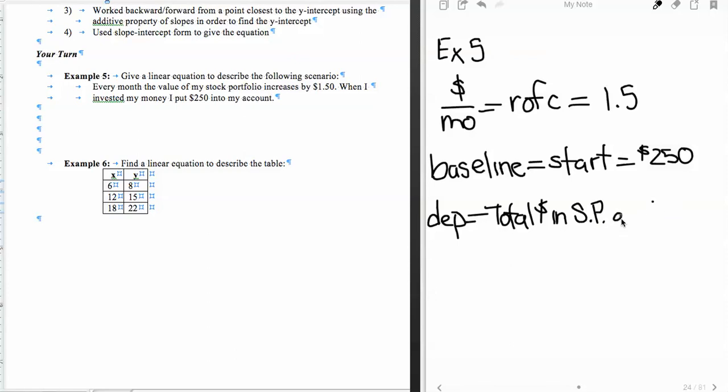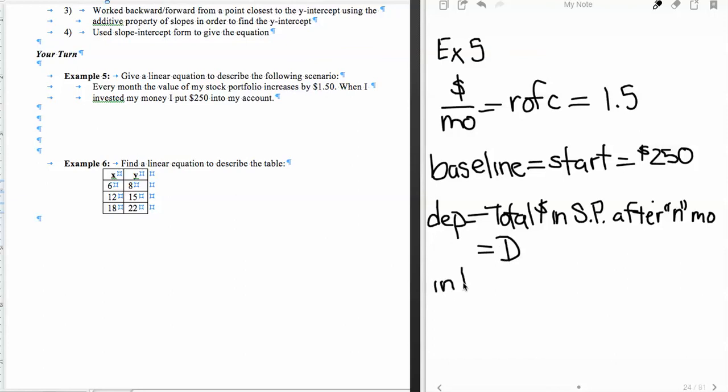And then after some number of months, so I'll call that "N" months. And I'll put quotation marks around the N so that it doesn't get lost in there. And so that is my dependent. And I'm going to call that D for dollars, and I'm going to use capital D.